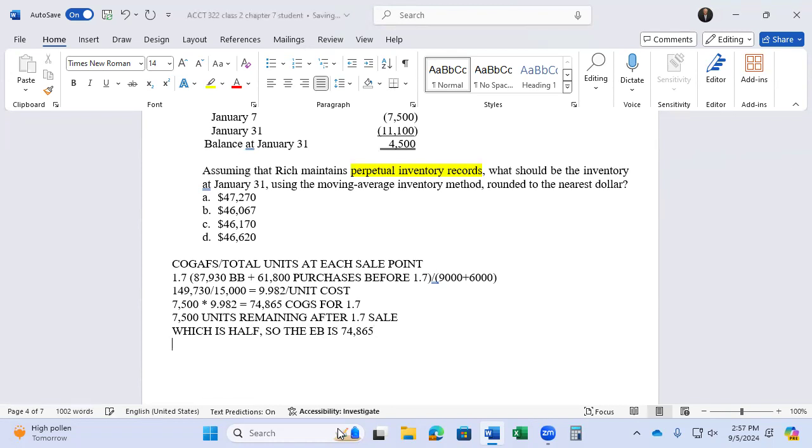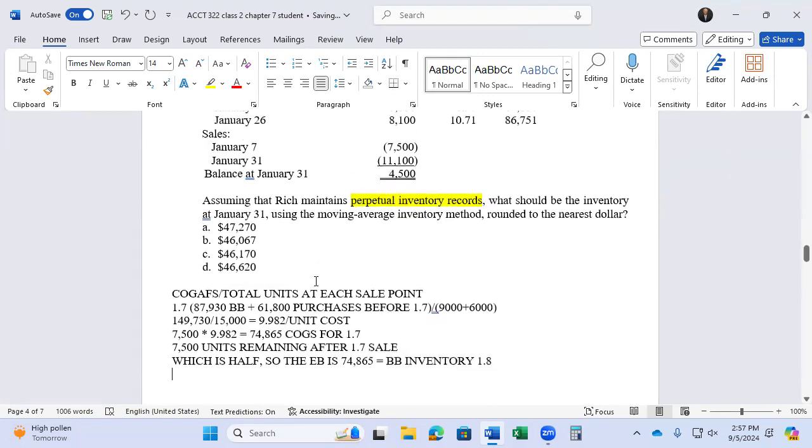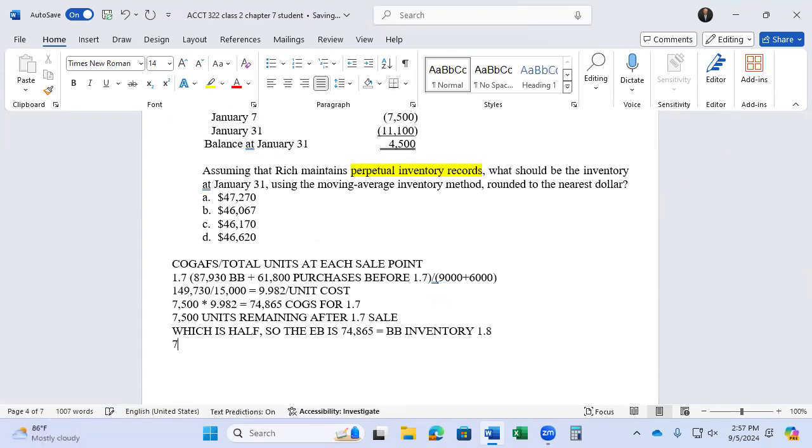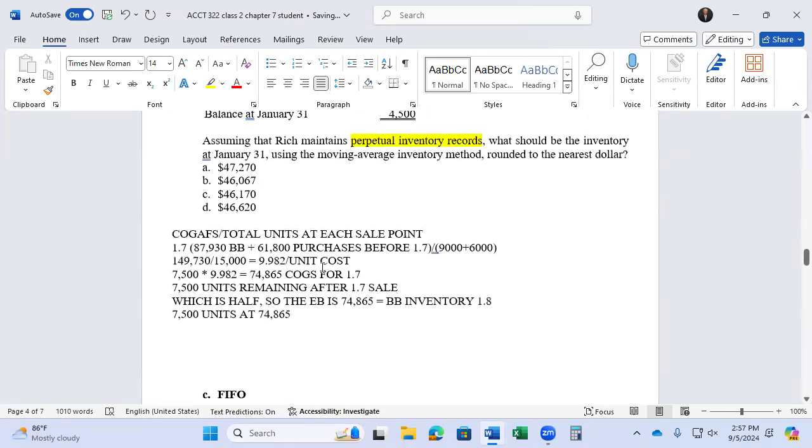Okay. So now that's the new beginning balance in inventory as of 1.8. So now we look and say, okay, we have 7,500 units at 74,865, but we are going to add another purchase on 1/26.